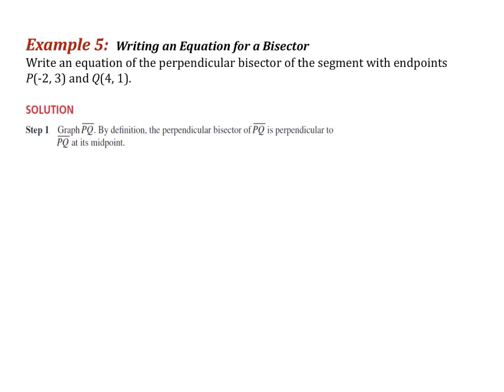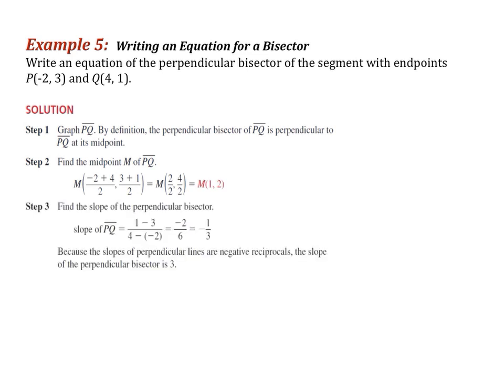So you're going to definitely need some graph paper for this. By definition, the perpendicular bisector of PQ is perpendicular to PQ at its midpoint. So we need to use our midpoint formula, step 2, to find M located on segment PQ. After you plug in all your numbers to the midpoint formula, M is located at (1, 2).